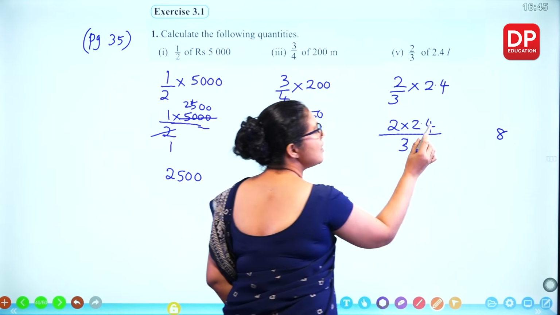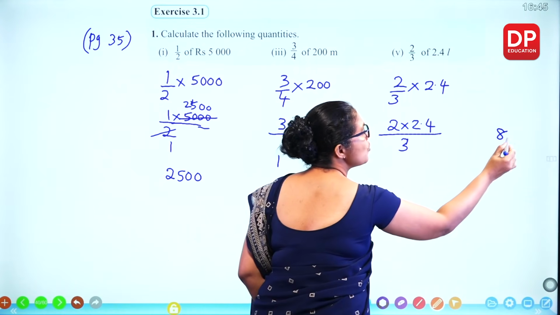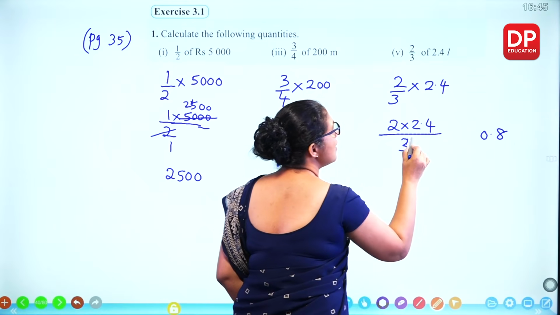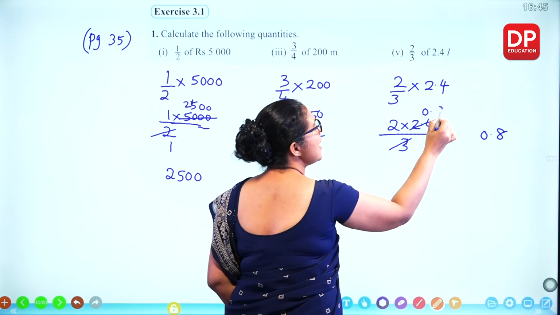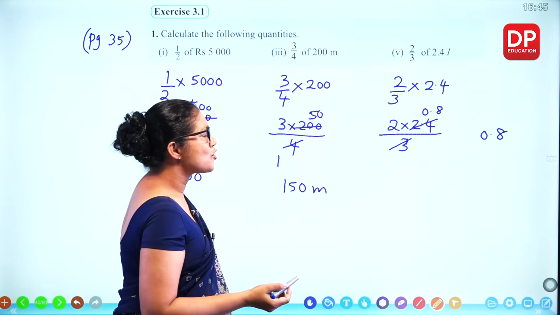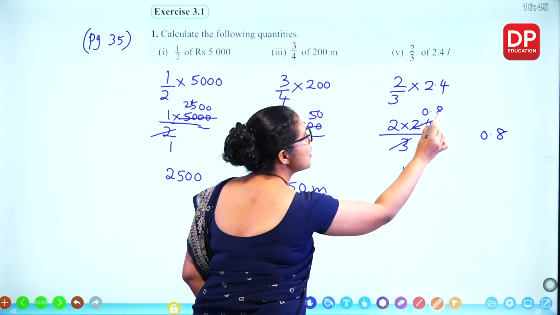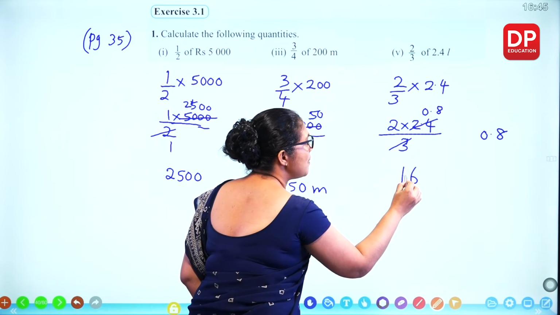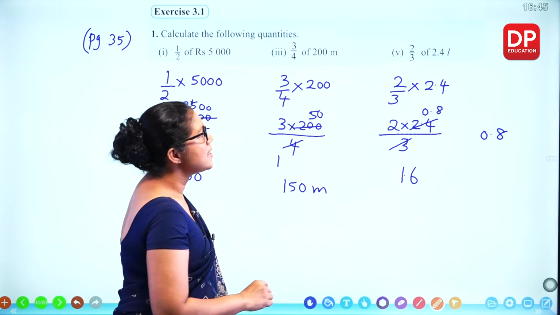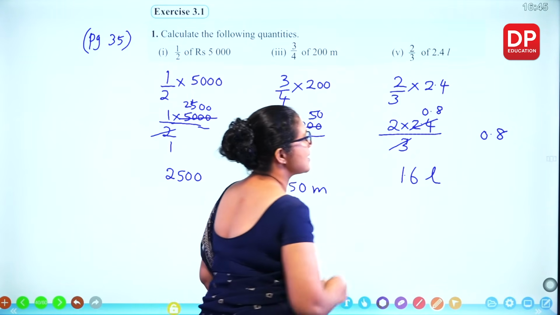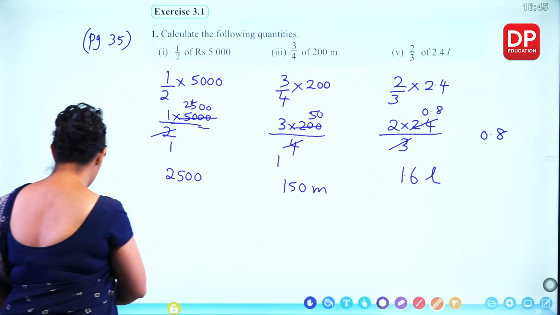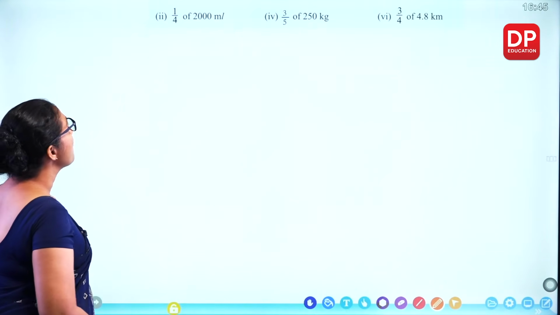Then since it is a decimal number, you keep one decimal place, so when you divide you get 0.8. 0.8 times 2: 8 multiplied by 2 is 16. Then you keep the decimal point, one decimal place, so 1.6 liters.